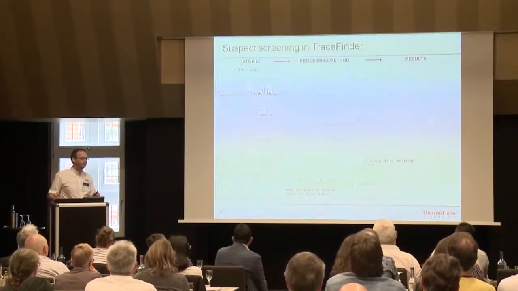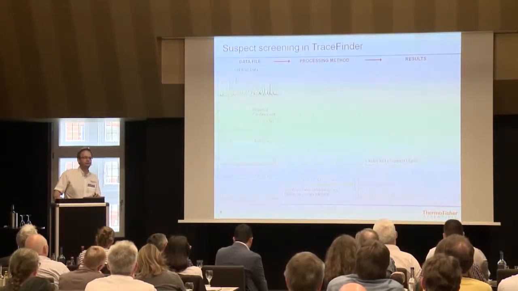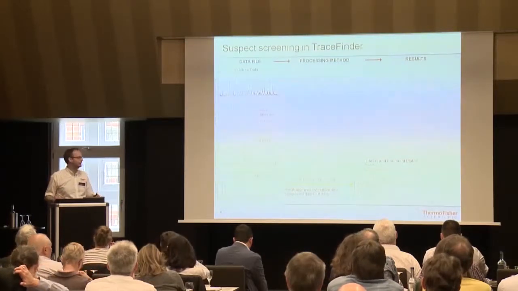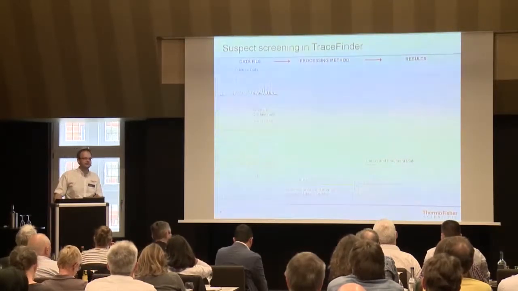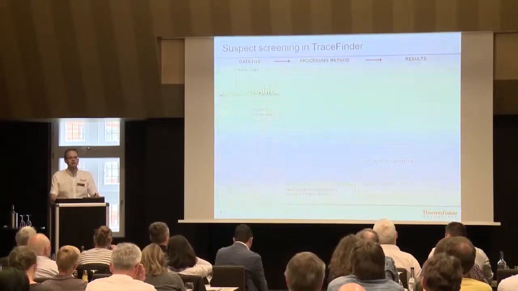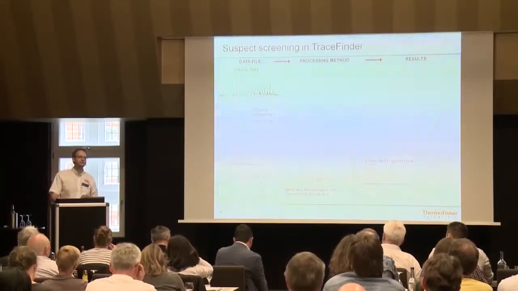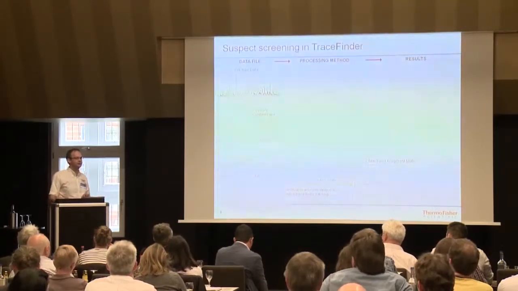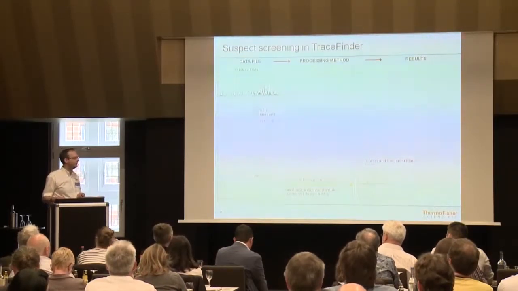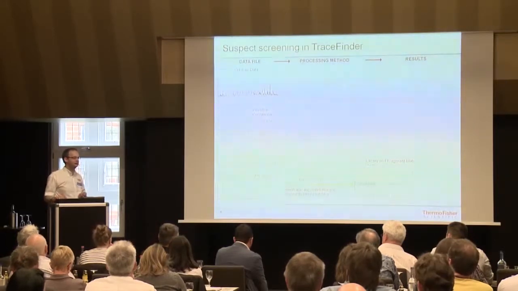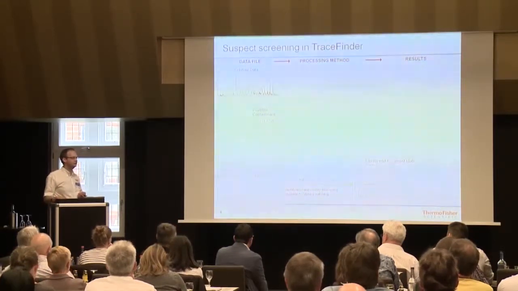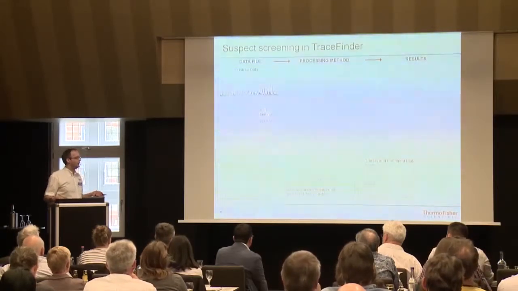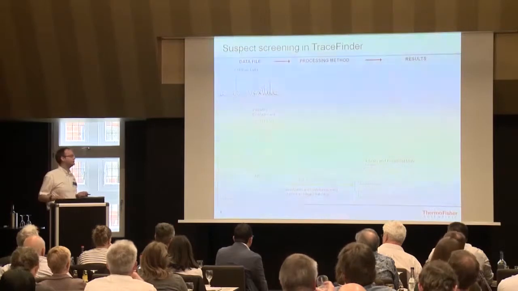And what the database can contain as well, and if you look in the TraceFinder as it is shipped at the moment, you will get a database of 1,000 components for environmental analysis and another 500 components for toxicology, pharmacology samples. So we have roughly at the moment a database of 1,500 components consisting of roughly 9,000 spectra, and the according fragment masses drawn out of that.